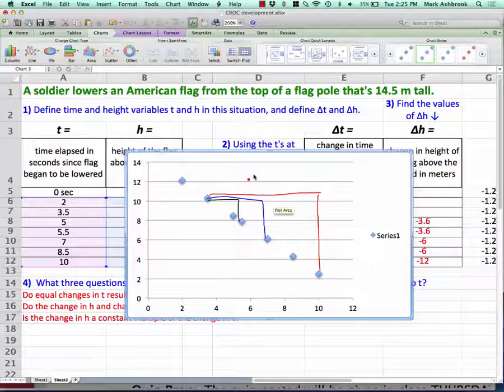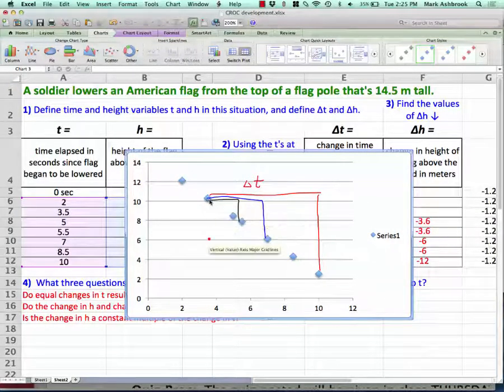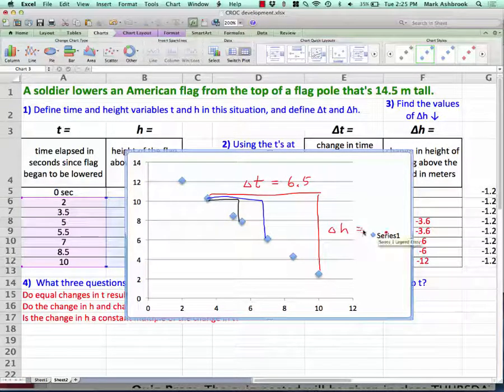Let's just do the red one. The delta T I'm showing is from, looks like, 3.5 to 10. So what's delta T? 6.5. Find delta H. What's delta H? Find it, not by using the H column, but using constant rate of change.